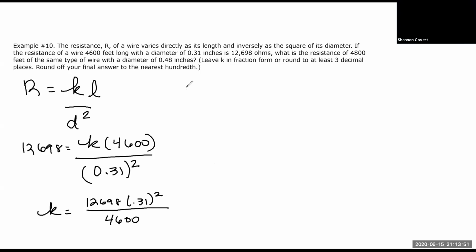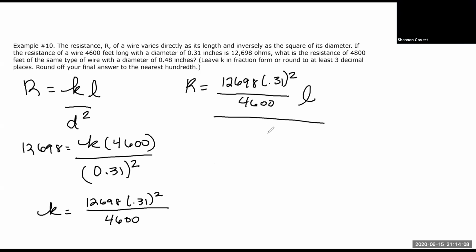So my formula is R equals 12,698 times 0.31 squared over 4,600, all that times L over D squared.